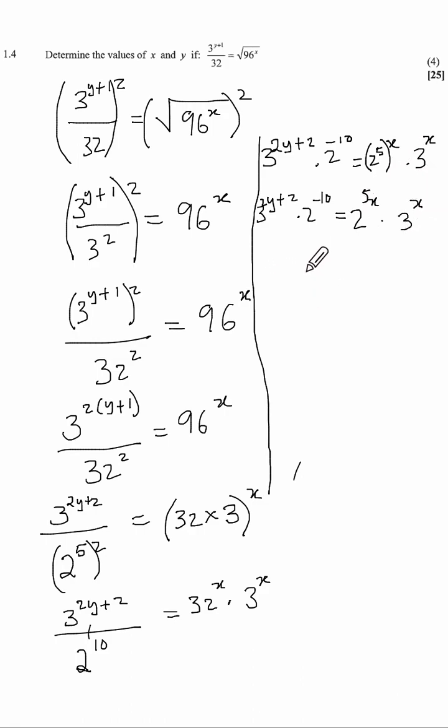So then now this is what I was trying to do, because now I have a power of 3 and a power of 2, a power of 3 and a power of 2. That's what I wanted to do. So if I have 3 to the power something by 2 to the power something equal to, again, 3 to the power x by 2 to the power 5x, then these powers should be equal.